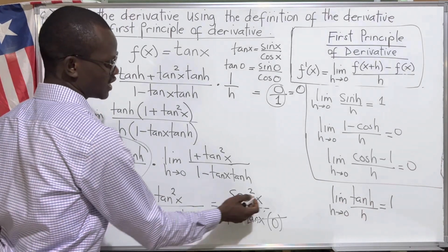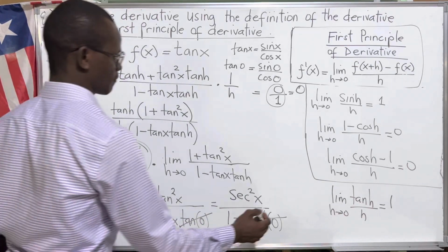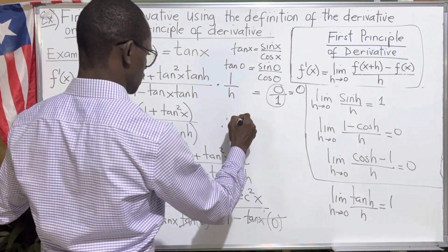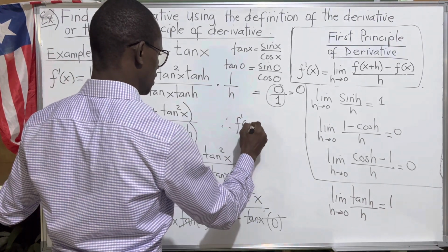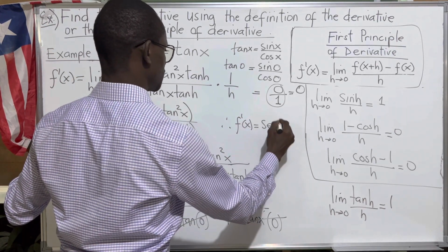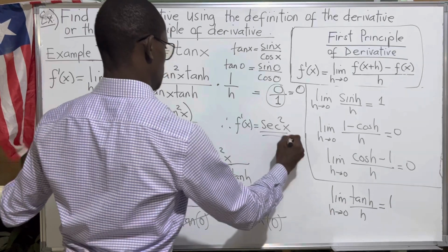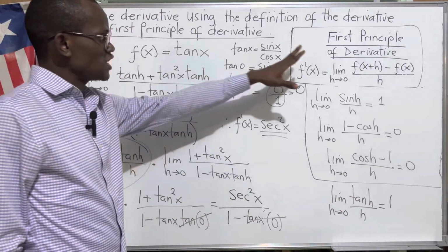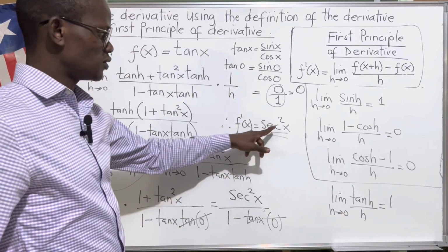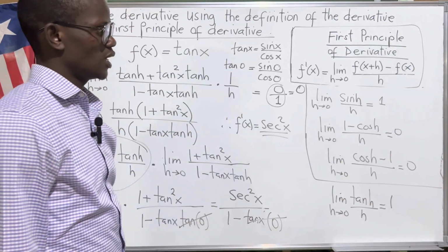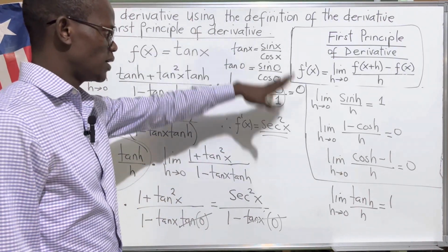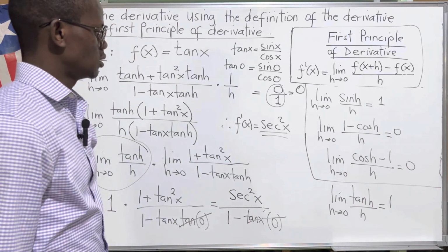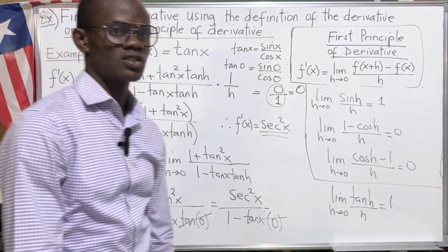So it will just be secant square x all over 1. Therefore, f prime of x is equal to secant square x. So the derivative of tangent of x using the first principle is secant square x, and when you use the methods of differentiation, you will still get the same secant square x.